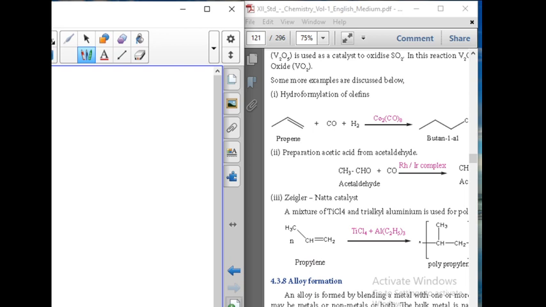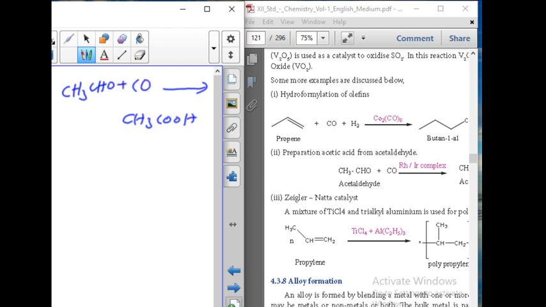Another one, preparation of acetic acid from aldehyde. Aldehyde is converted into acid. What is the difference between aldehyde and acid? There is only one oxygen.